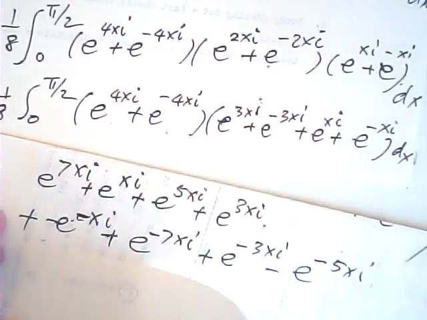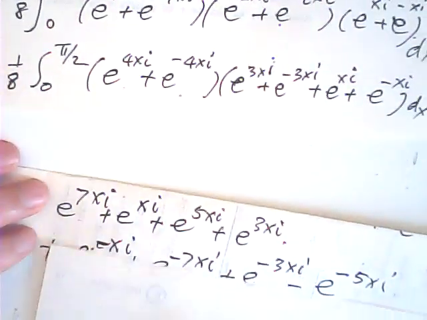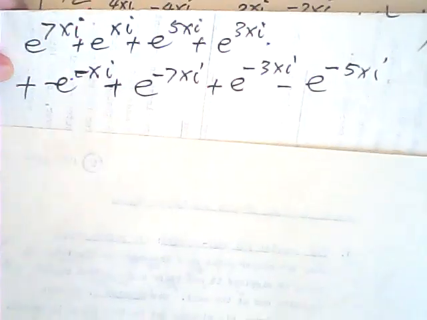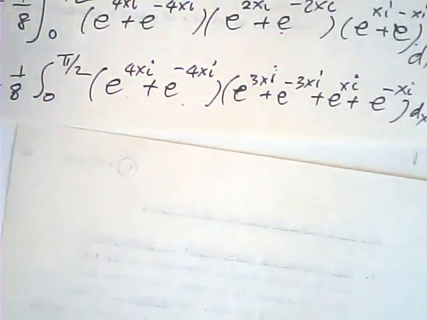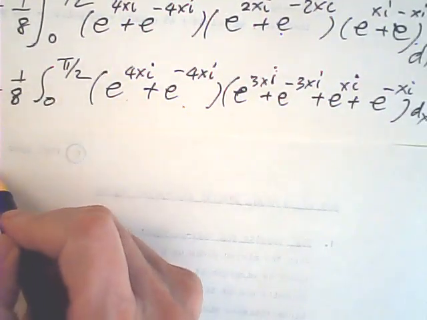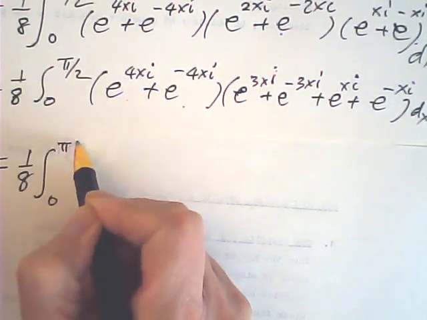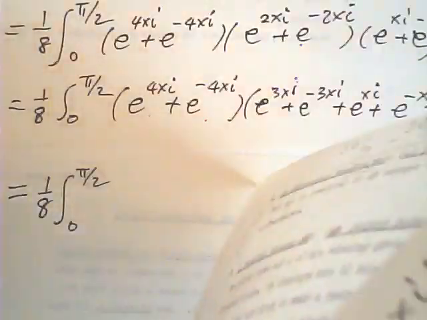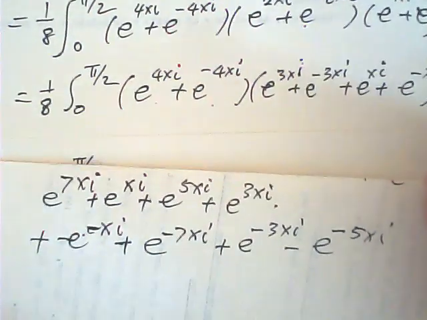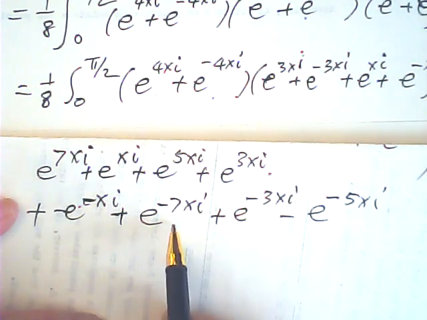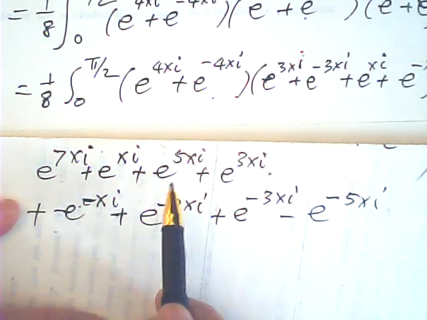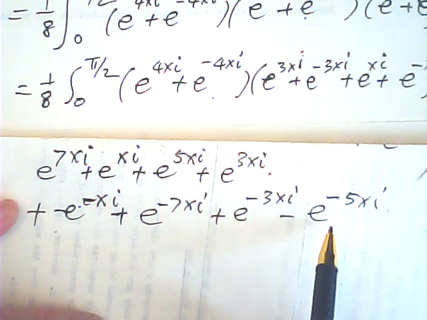Now I put them in order. So this is equal to 1/8. I put them in order: 7, 7, just one pair. 5, 5, another pair, right?